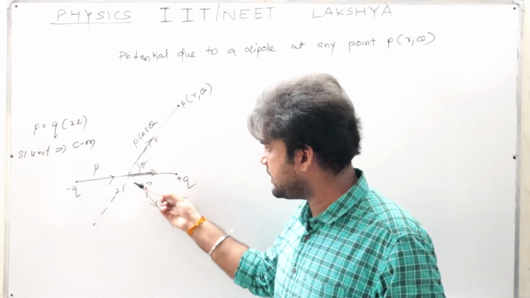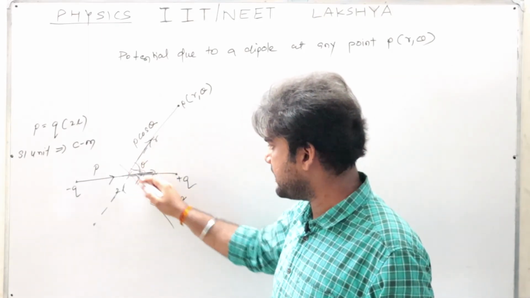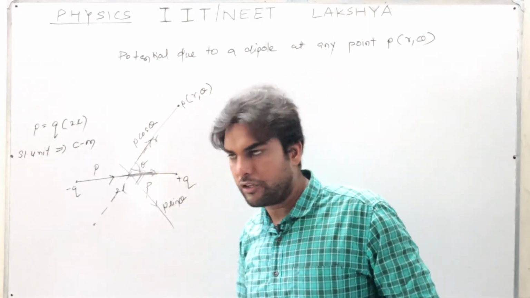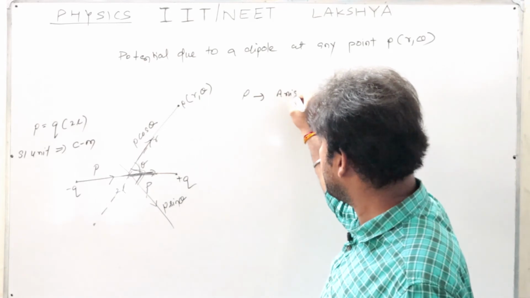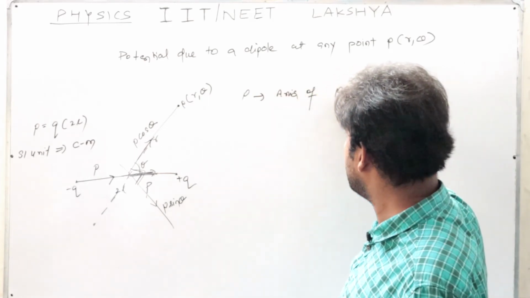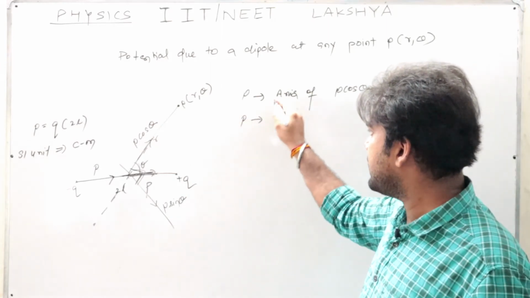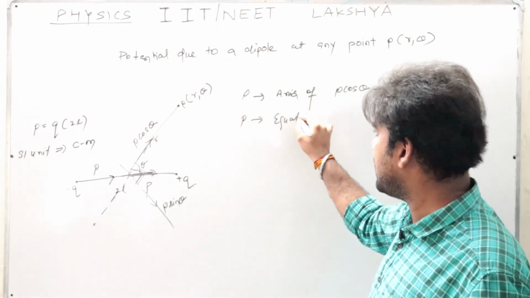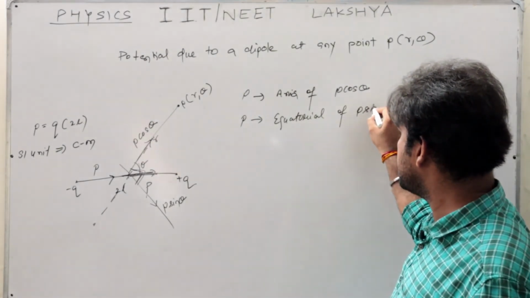Observe here, this angle is 90, because the P cos theta component and the P sin theta component are perpendicular to each other. So the same point P is lying on the axis of the P cos theta component and on the equatorial line of the P sin theta component.